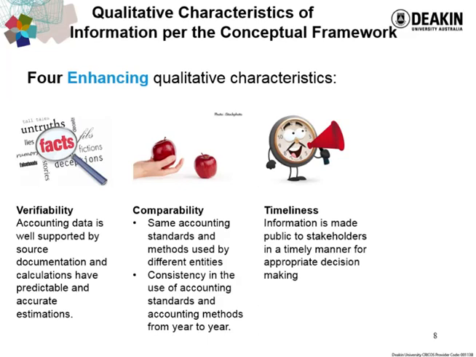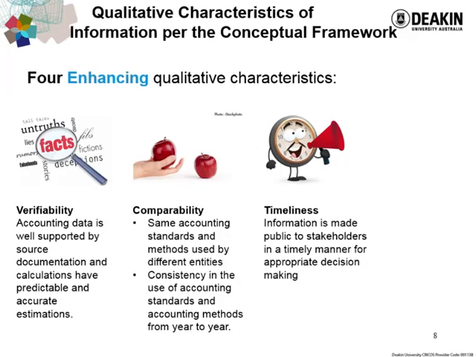Third, timeliness. Timeliness means we need to provide information in a timely manner to influence users' decision making. And there shouldn't be any significant delay, because if there is a significant delay, information contains no value.